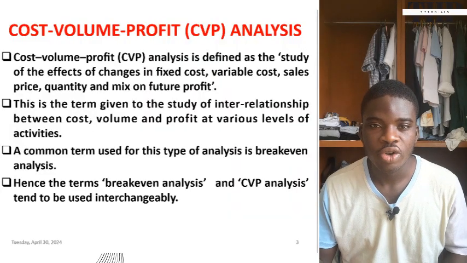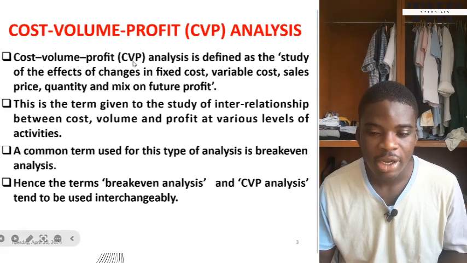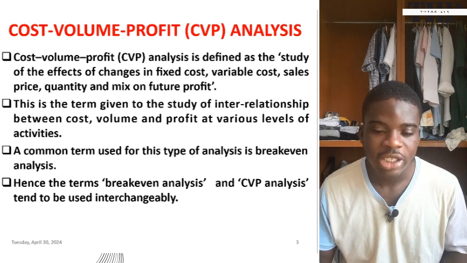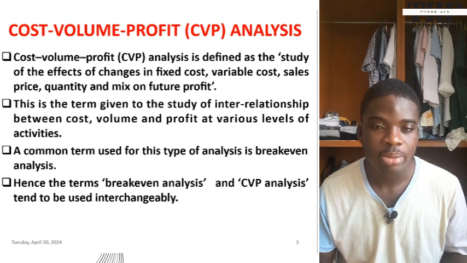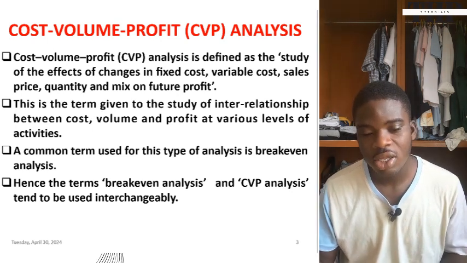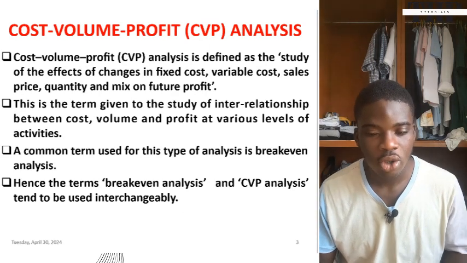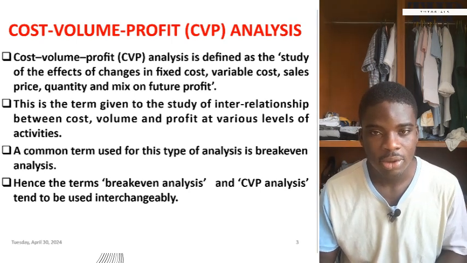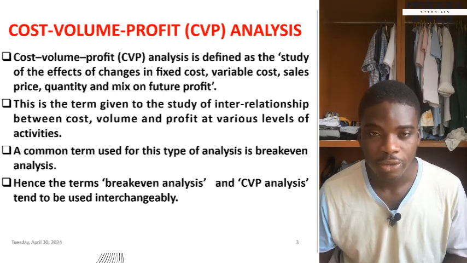So the cost, volume, profit analysis. What is it? Now, it is defined as a study of the effects of changes in fixed cost, variable cost, sales price, quantity, and mix on future profit, right? So, to say that again, the study of the effects of changes in fixed cost, variable cost, sales price, quantity, and mix, on future profits.